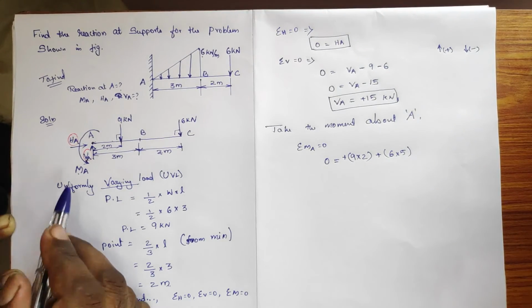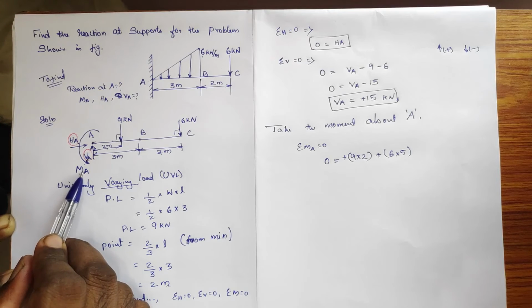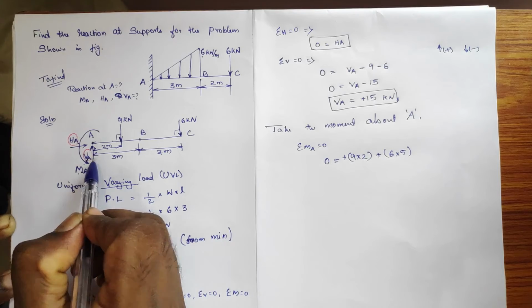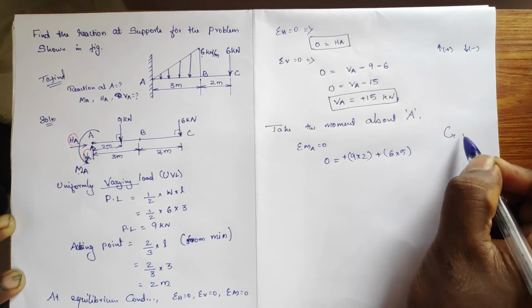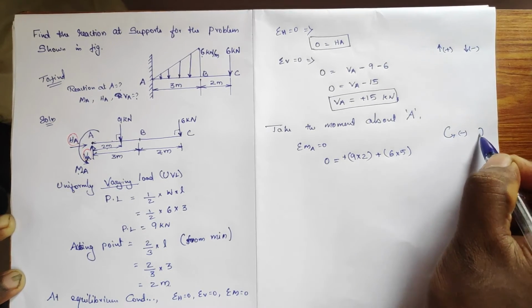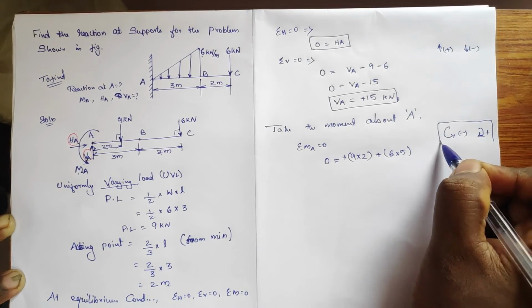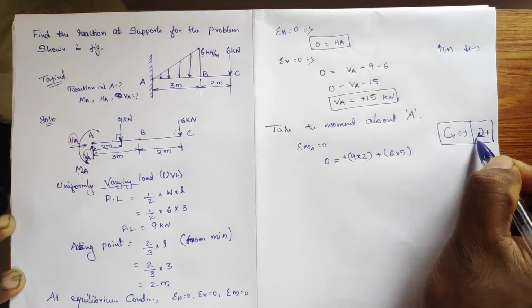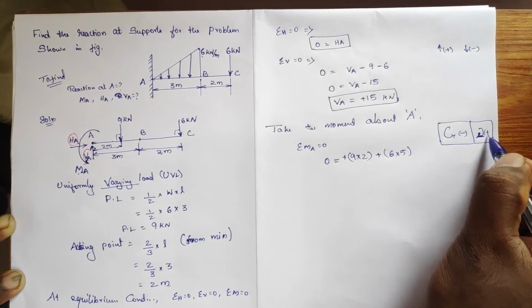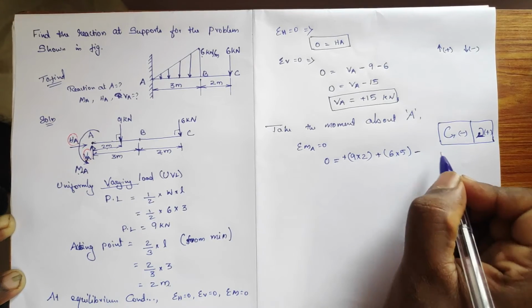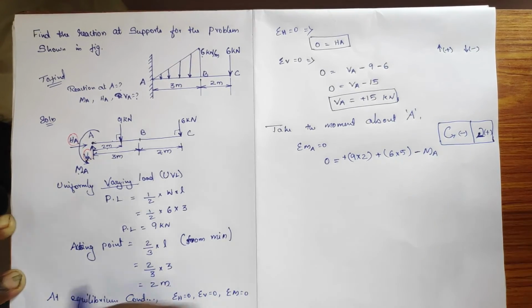And then the moment is given at the point A, and its direction is anti-clockwise. Anti-clockwise is a minus sign, clockwise is a positive sign. This we must remember. So here it is an anti-clockwise direction, so minus M_A.